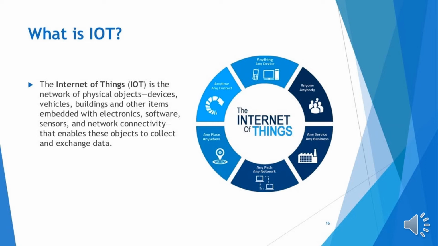Any context, any device, anyone, any path, any network, any server, any business. All these are confined within a single world called the Internet of Things. So this plays a major role in the world.